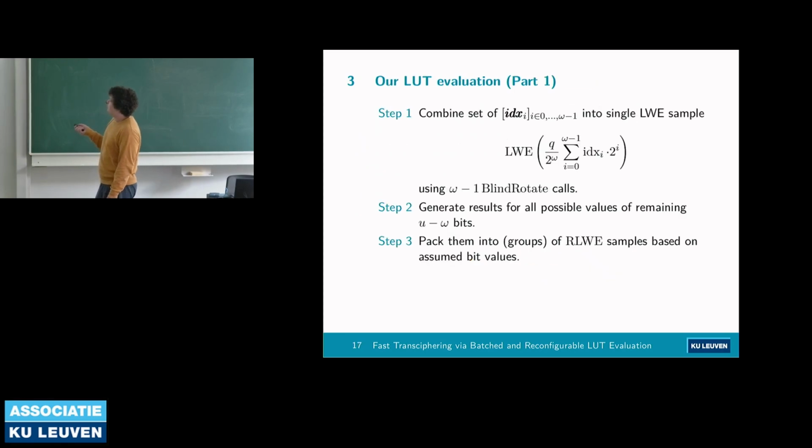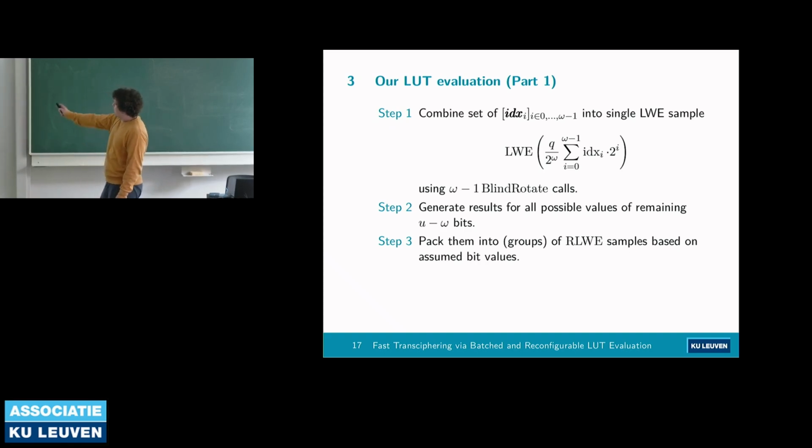And with this, we can already outline the first part of the lookup table evaluation procedure. So the first part is, and this is not something I'll show because it's simple but not particularly interesting, we can use blind rotation to combine a set of omega bits into a single integer represented by those bits. So if you have LWE samples encoding 1, 0, 0, we'd get an LWE sample of 8 in the first step.